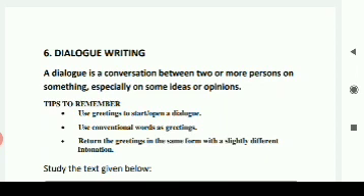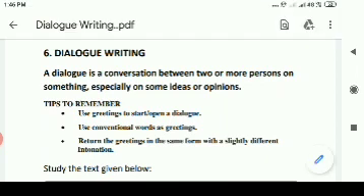Now, what is important in dialogue is some points which you have to remember, which must be taken care of. One is use greetings to start or open a dialogue. When you use the perfect greetings, your dialogue becomes ethical, it becomes full of morality.